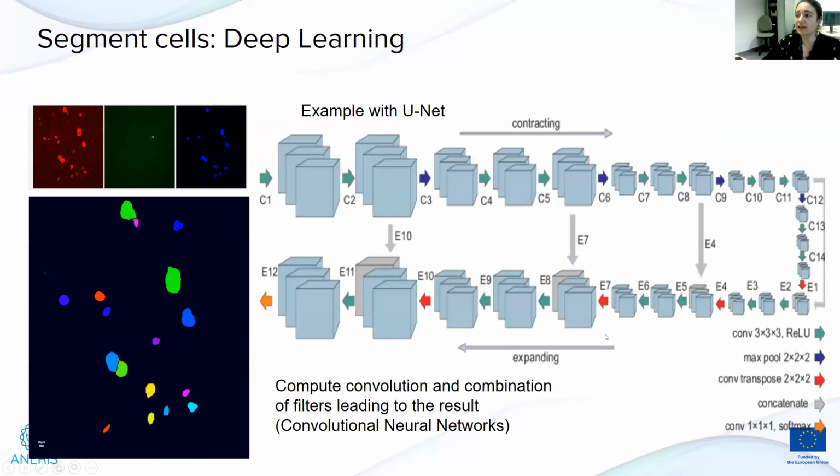So what is happening in deep learning? There has been an introduction and a lot of examples in the first two workshops, but here I'm just coming back to the most classical one, which is the convolutional network. And here it's a particular example of UNet, which is one of these convolutional networks. Here, this time, you don't predefine any features.